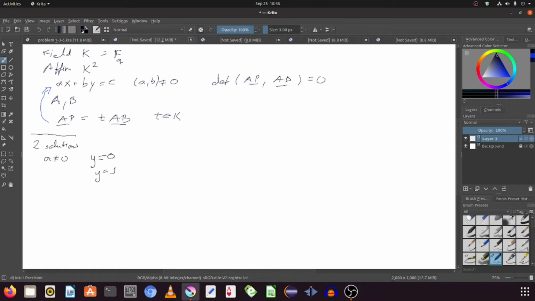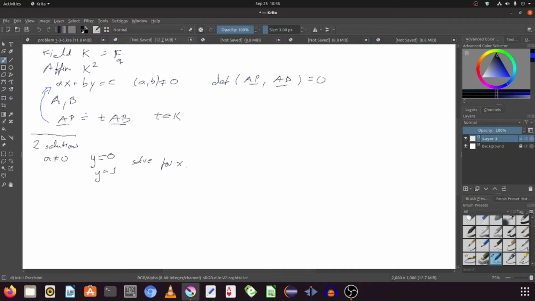So we assume that they're distinct, as they are in the finite fields, of course. And then we can find x. So we do have 2 points on a given line.